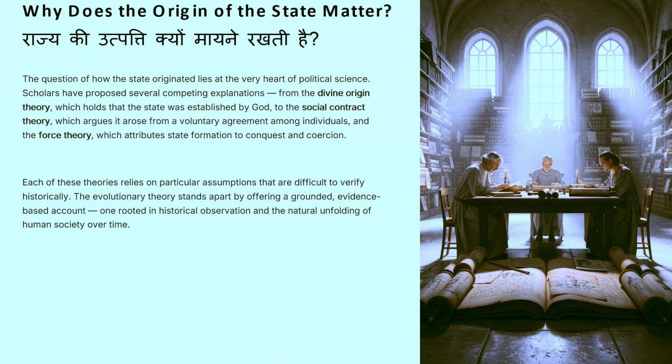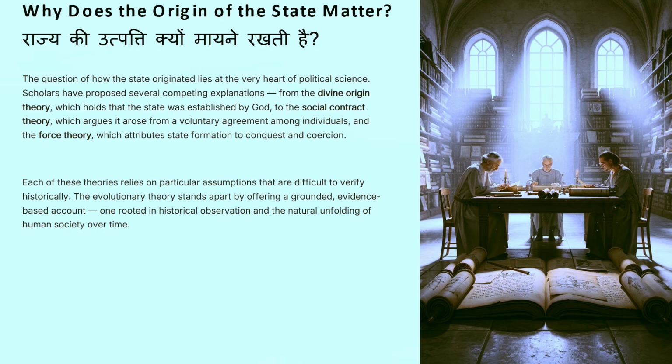The first question arises: why does the origin of the state matter? Basically, the question of how the state originated has always been central to political science. Various theories have attempted to answer this question, such as the divine origin theory, the social contract theory, and the force theory.